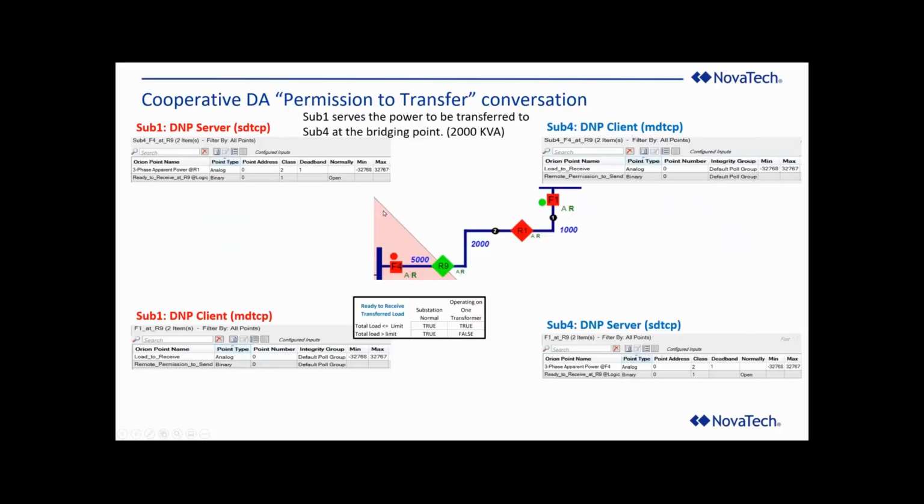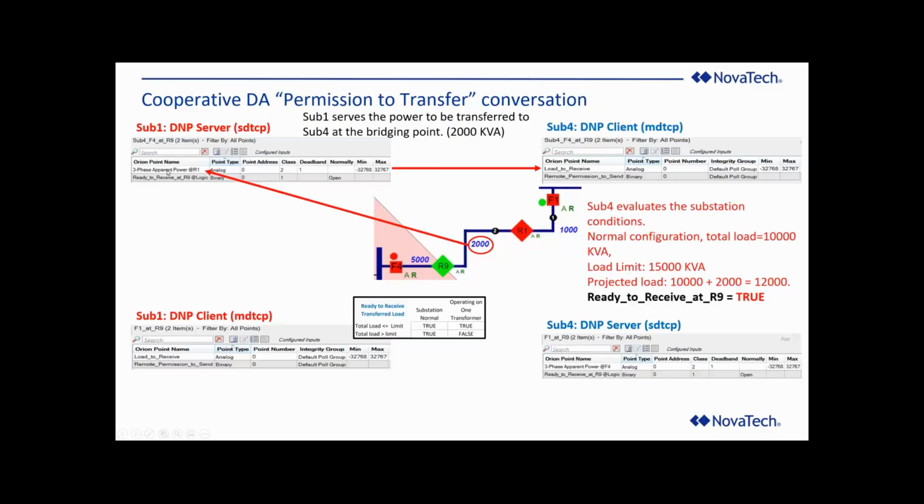So we establish a communication link that says what is going to transpire. So here's the way it's done. There's only 2 pieces of information that's being exchanged to accomplish this. So at substation 1, we have 2,000 kVA. We put that into a slave port that is being read from the remote substation at substation 4.